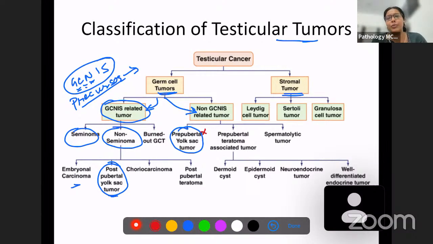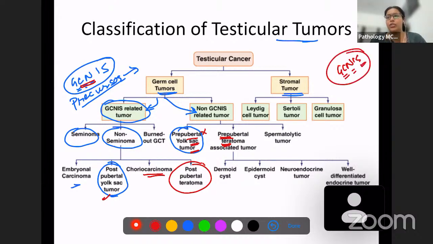They do not develop from the same precursor lesion as post-pubertal yolk sac tumors. That is the main difference. And then choriocarcinoma, which is also a germ cell neoplasia in situ related lesion. And then post-pubertal teratoma. The most important thing to remember is that pre-pubertal yolk sac tumors and pre-pubertal teratomas are not from the same precursor lesion, GCNIS, germ cell neoplasia in situ.